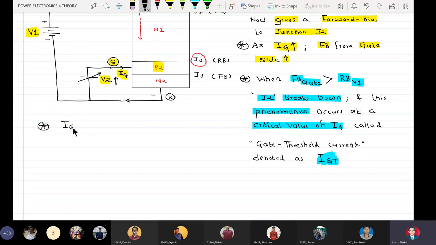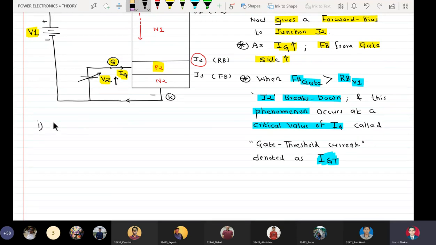So gate current Ig should be greater than or equal to IGT is the condition for presence of gate drive. So there are two conditions now. If we do not want V in to be as high as breakover voltage of 600 volts, then the first condition is, let us put it down.